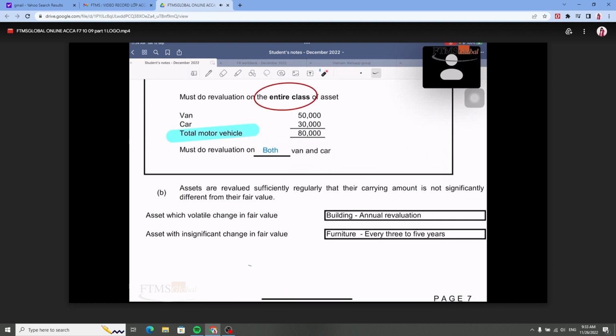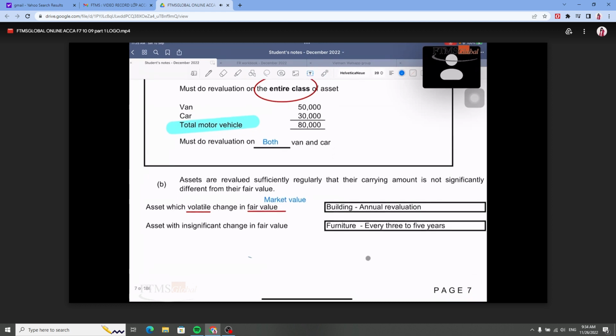How often depends on your asset. Fair value means market value. If your asset's market value changes very rapidly, for example your building, the recommended frequency of revaluation is every year.